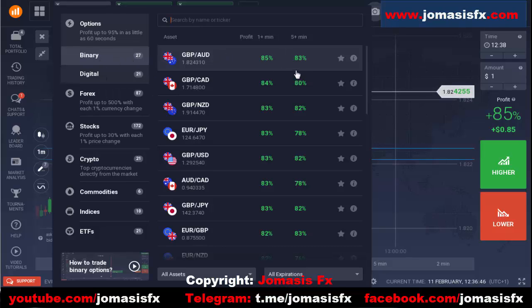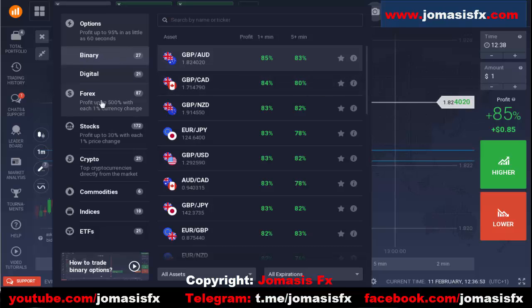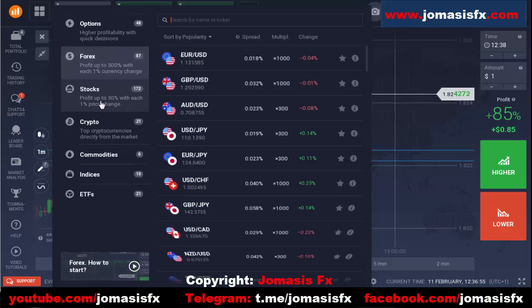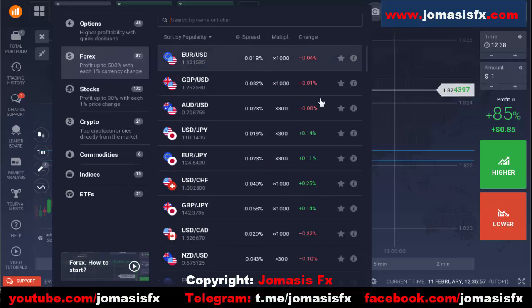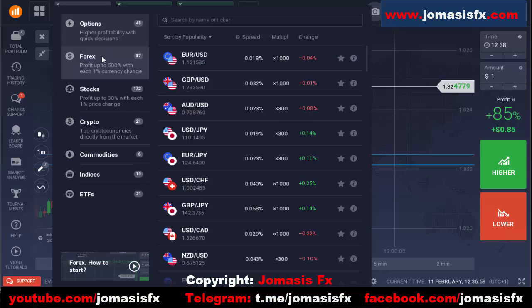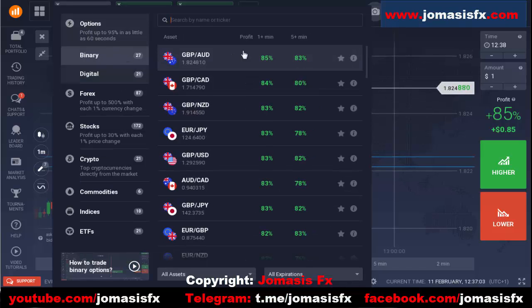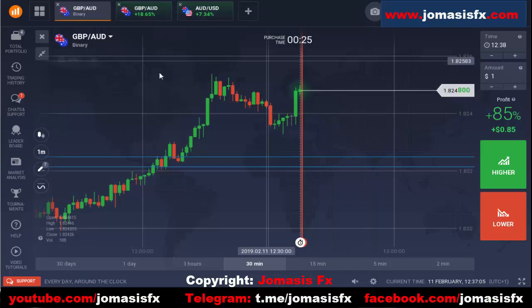From there, you pick any of your preferred currency pairs. If you want to go for forex, you click on forex, and then you can choose your preferred currency pair. But let's go to options and binary options first, GBP AUD.